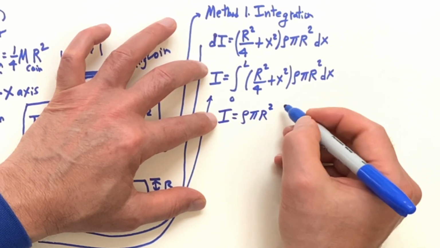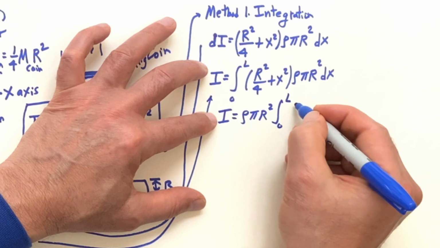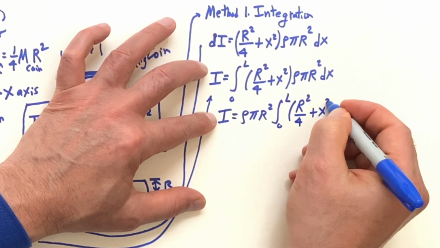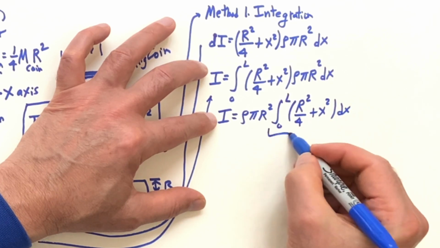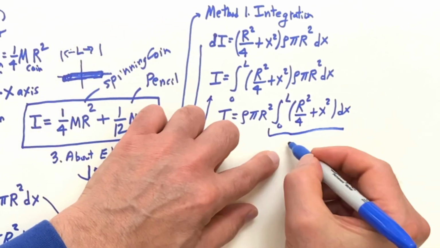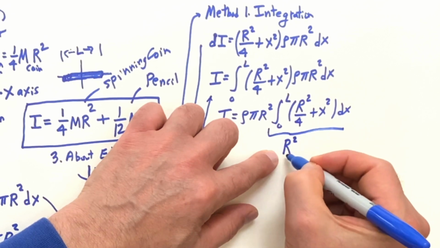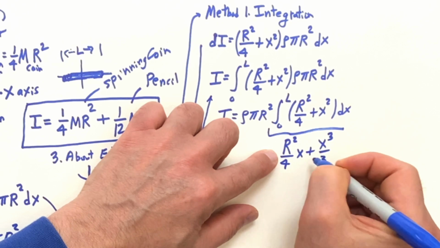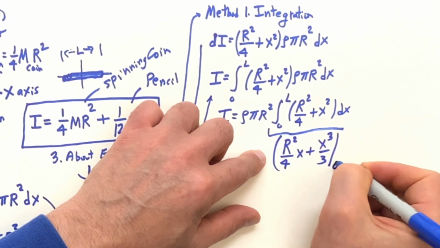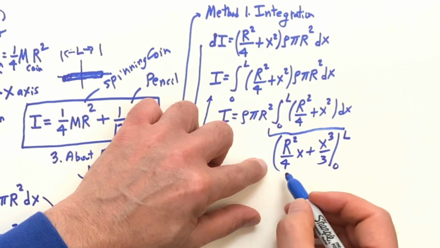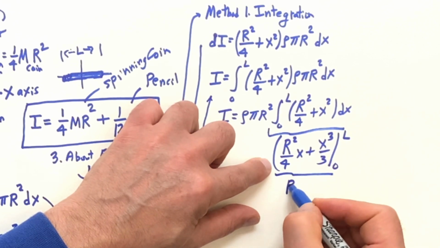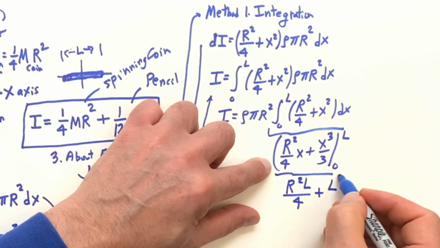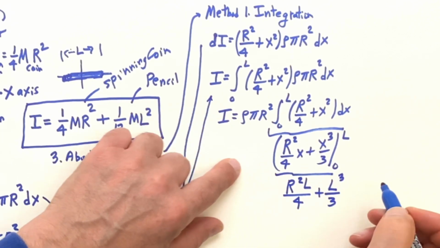And then when we have this integral from 0 to L, we got big R squared over 4 plus x squared dx. So this integral, very similar, we did it before, r squared over 4 times x plus x cubed over 3. Actually, it's easier because we're going from 0 to L instead of L over 2. So this is going to be r squared L over 4 plus L cubed over 3.